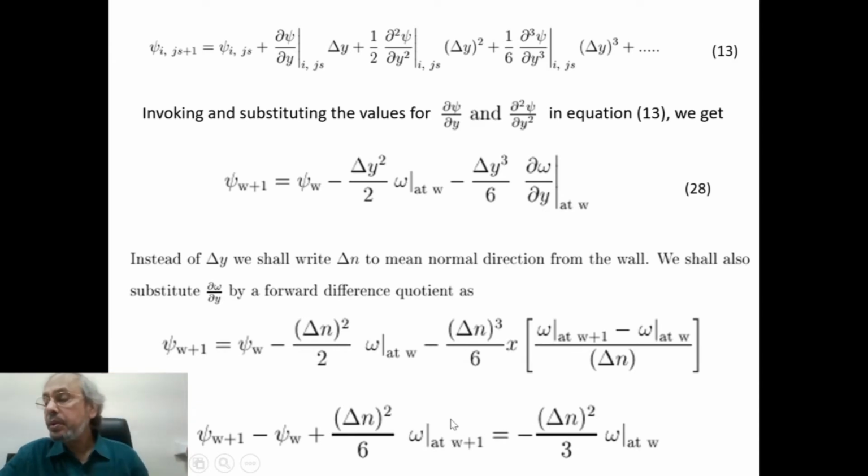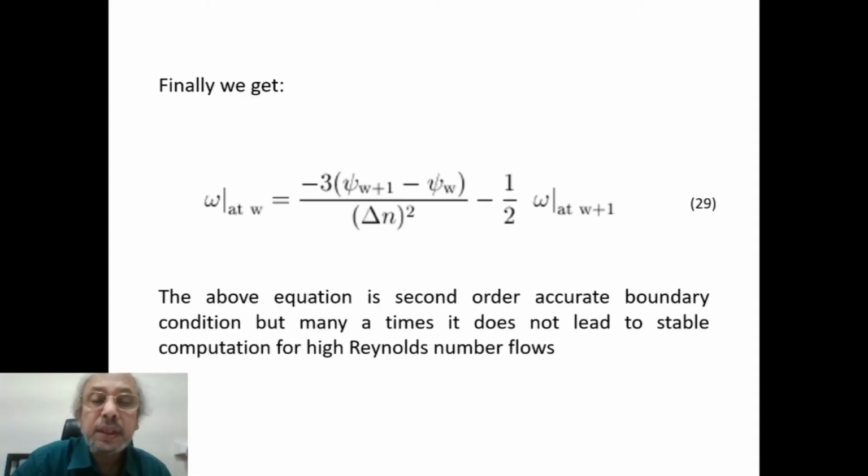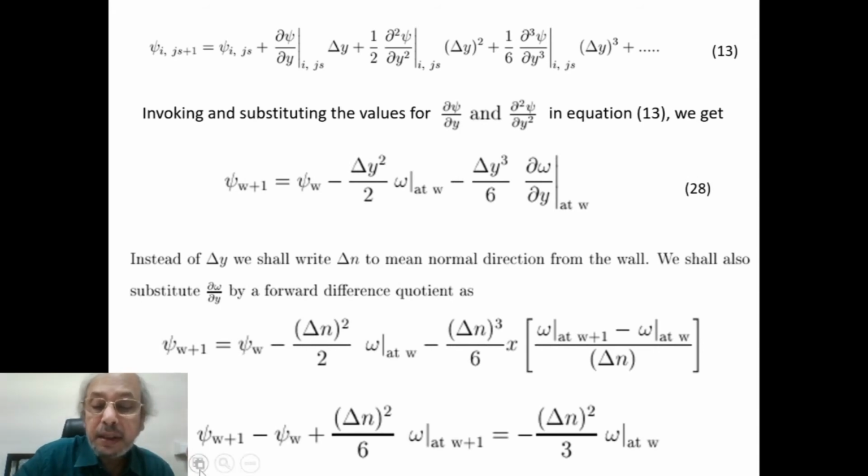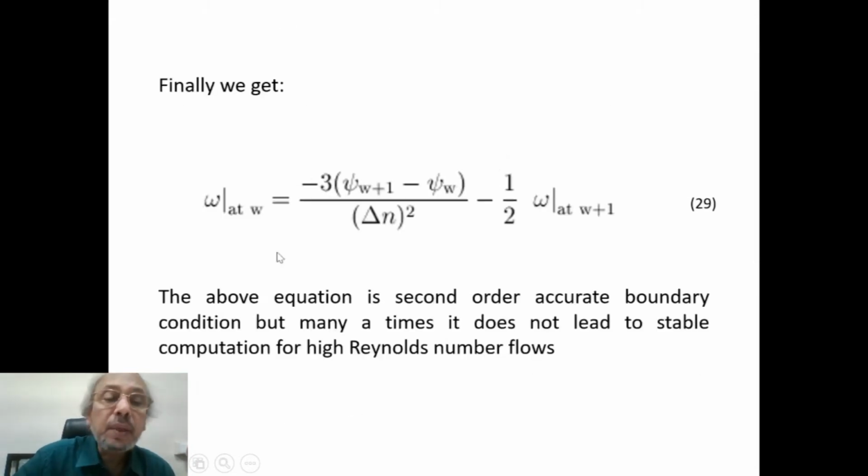There was no need of over explaining it, but you can understand it quite clearly. Now from there we can write omega at the wall. We can get an explicit expression. So omega at the wall equals minus 3 psi at the near wall point minus psi at the wall, divided by delta n square, minus half omega at the near wall point.